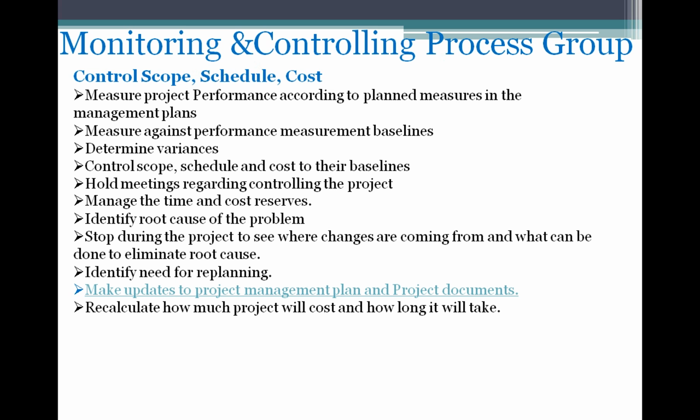So when there is a variance, he calculates how much the project will cost and how long it will take. That means when the project management plan is rebaselined, the cost accumulated till now plus the estimate to complete, I mean the cost of the rest of the project, is recalculated. He recalculates how much the project will cost and how long it will take.